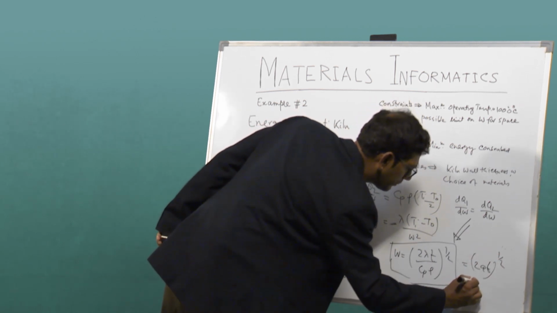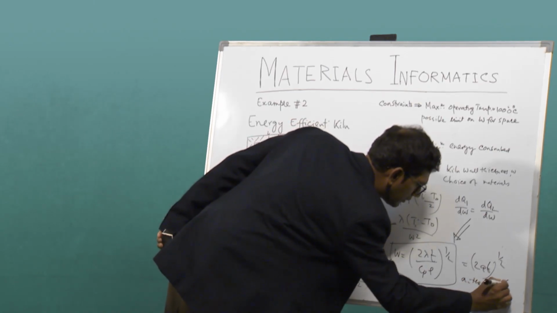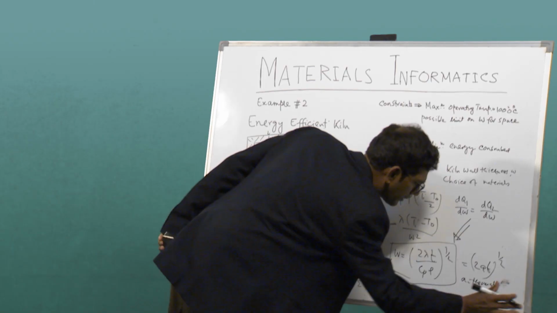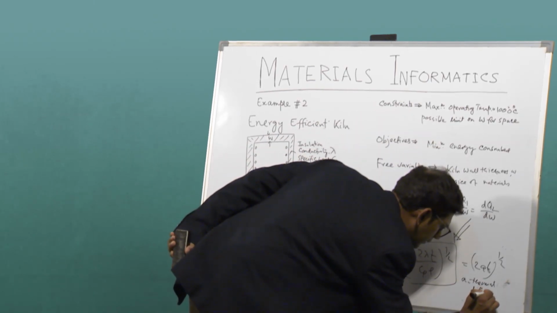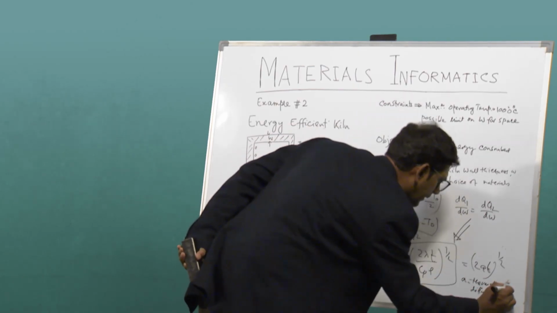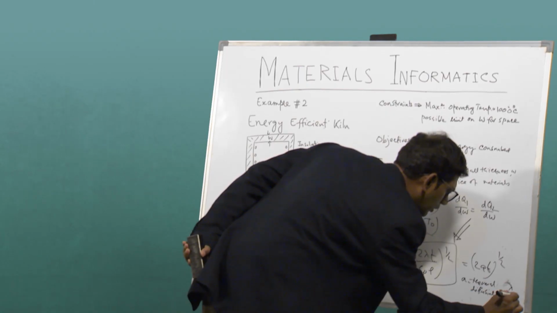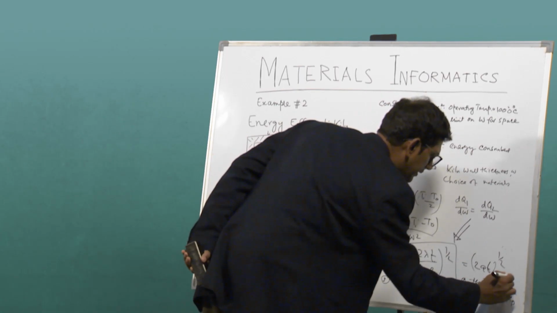A is the thermal diffusivity, let me write it here, that is equal to lambda by rho Cp. That is the definition of thermal diffusivity.